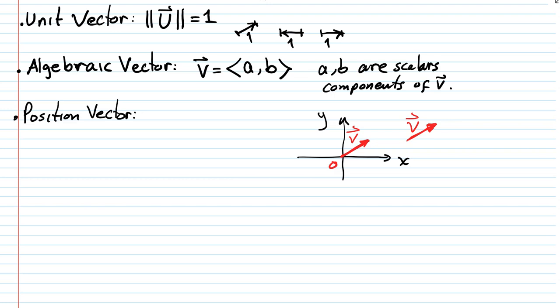Again, a position vector is a vector whose initial point is at the origin. Let me just write that. Initial point at the origin. The terminal point could be anywhere, but it has to initiate from 0, 0. Okay, from the origin. And this is point, let's say AB, where this is A and there is B. You see how that works?